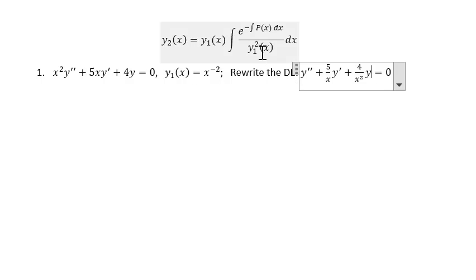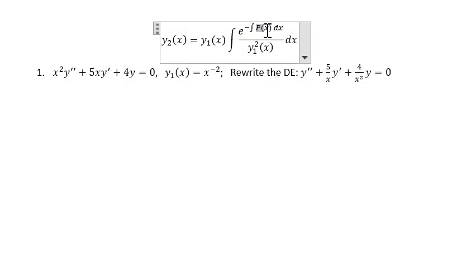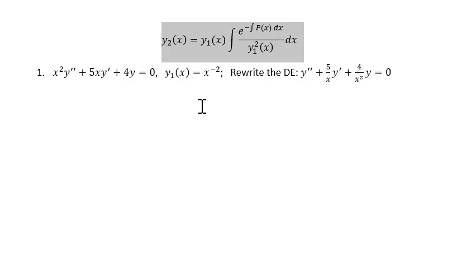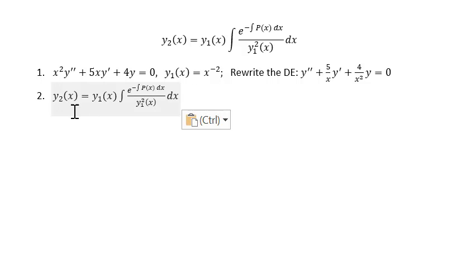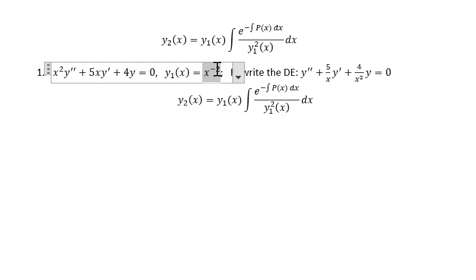So now let's identify the players here. We have y1 is equal to x to the negative 2, and p of x is going to equal 5 over x. So if I were to just copy this and fill in the blanks, the blanks are y1.